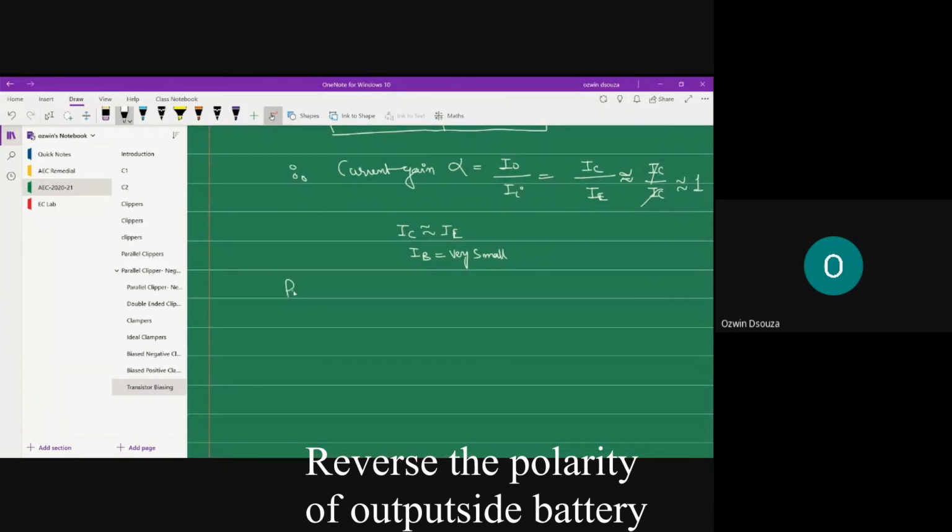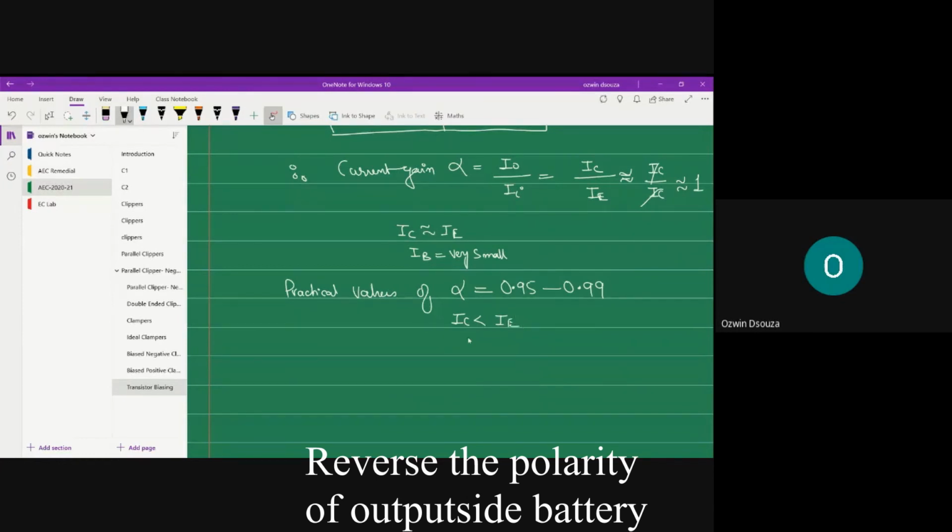So the practical values of alpha are somewhere from 0.95 to 0.99, because your IC is less than IE.